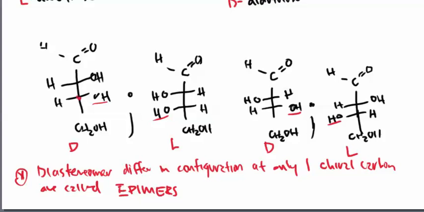Well, if I go back up to these structures, everything in the structure is the same, but the OH groups are flipped around on me, right? And because they're flipped around on me, they're different at 2 chiral carbons. They're different at this one and they're different at that one. They're different at this one and they're different at that one.